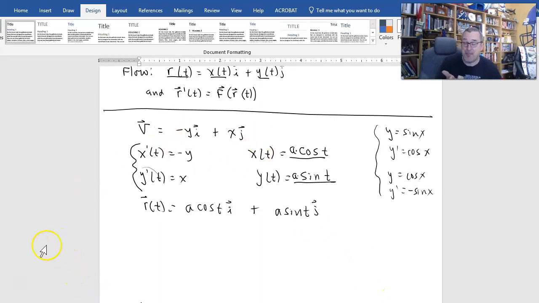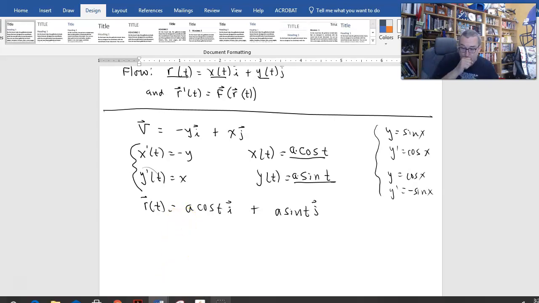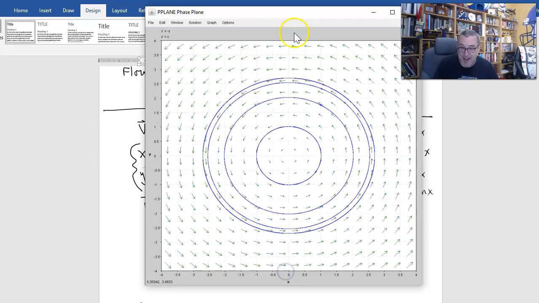Also, connect it back to the parameterized curve stuff you did earlier. A parameterized or vector-valued function involving sines and cosines certainly is going to produce your circular motion through the plane. And with a coefficient of a, it's just going to produce concentric circles depending on the value of a, which should resonate for what we were seeing back here.